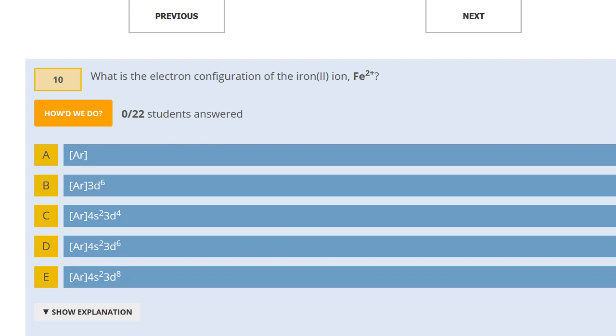Iron 2+ and iron 3+. Remembering that the electrons that go away first are the valence electrons. Valence are the ones that are in the outer energy level. And then we borrow from the d if we go from there.